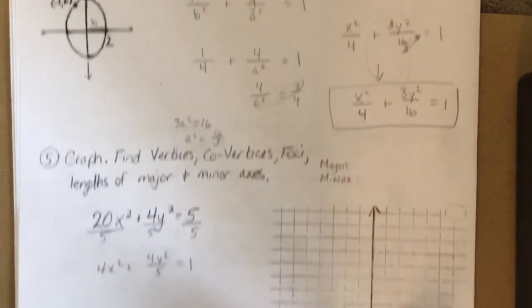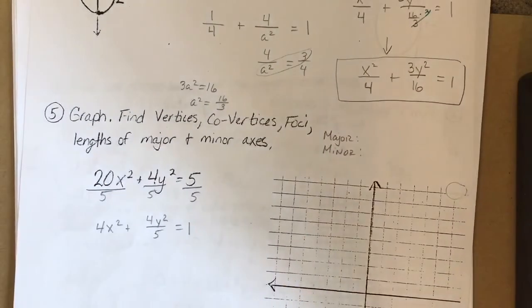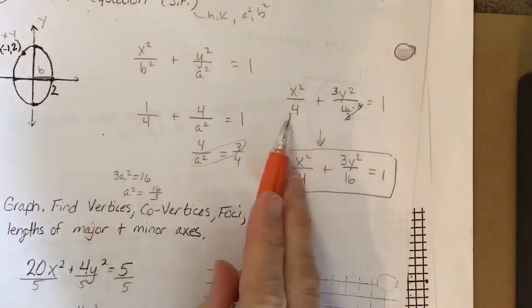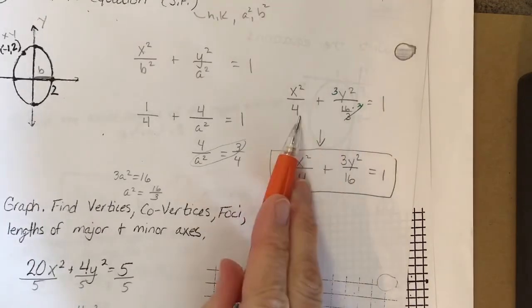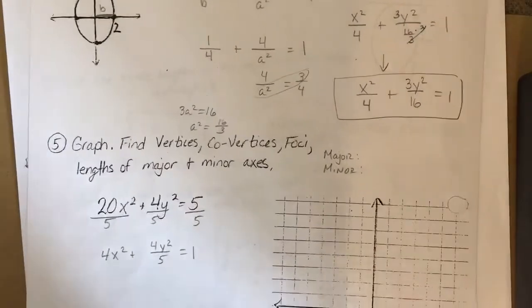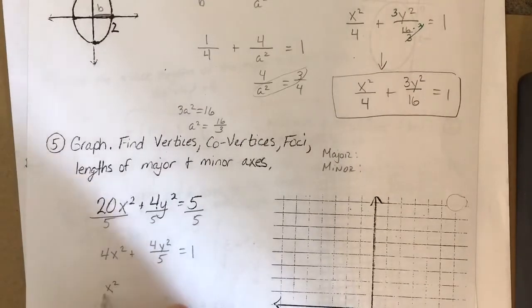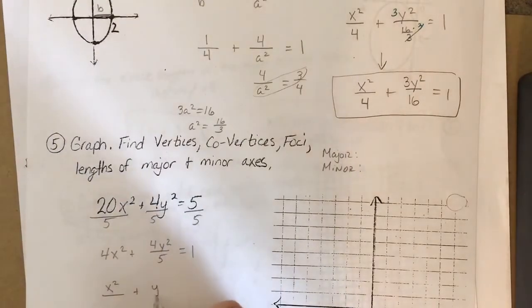This is technically standard form, but I need to know what a squared and b squared are. I need to have it look like this. I need to know what's under this x squared and what's under this y squared.